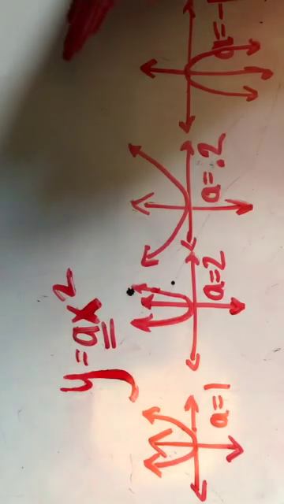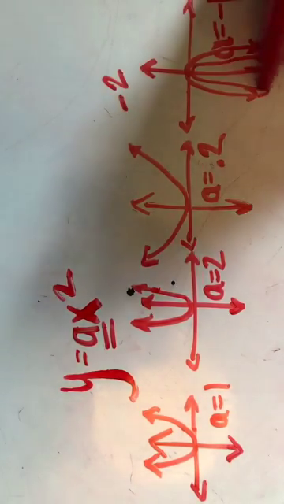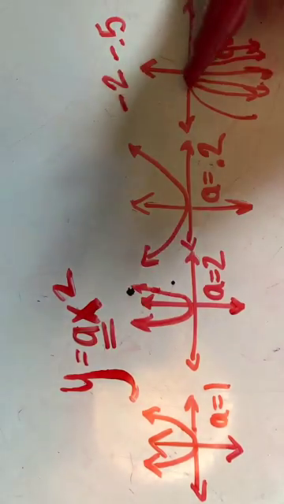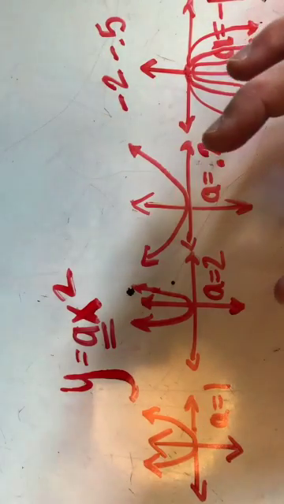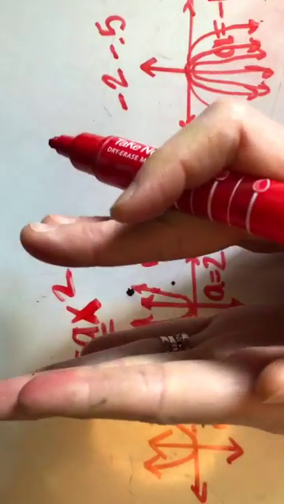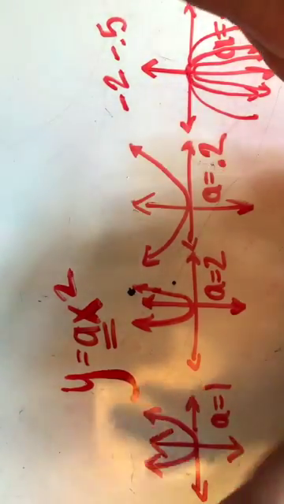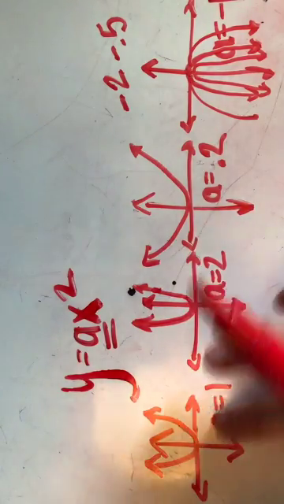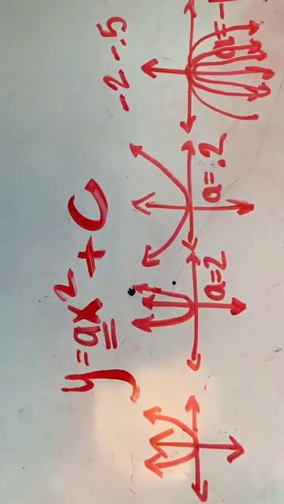So if it's a -2, it flips and is skinnier. And if it's a -0.5, it's going to be down but wider, right? So the larger the a value is, the skinnier it is. The smaller the a value is, the wider it is. And if it's negative, it's going to flip down. So that's a.